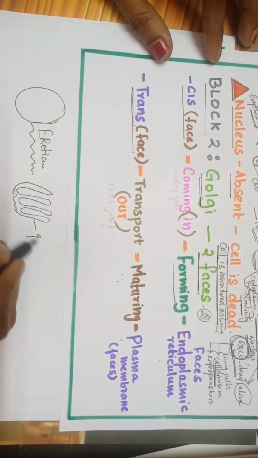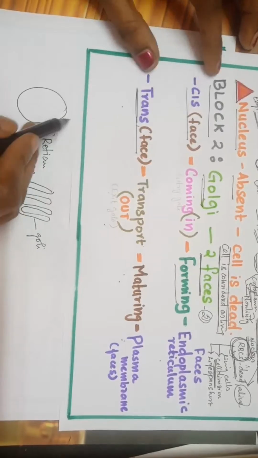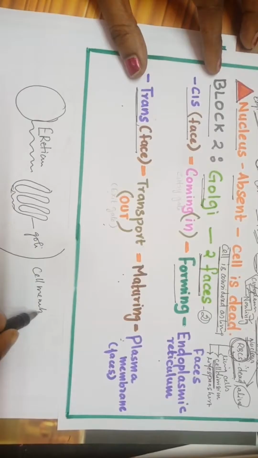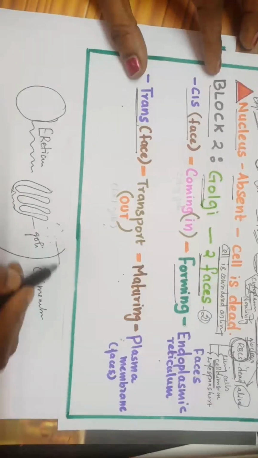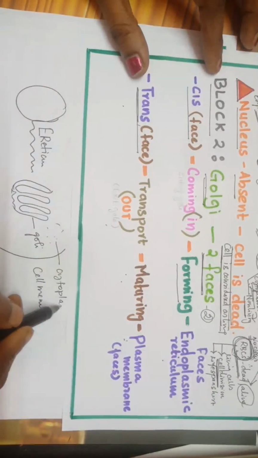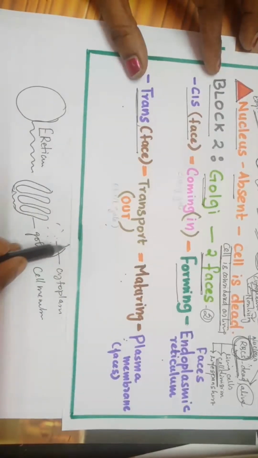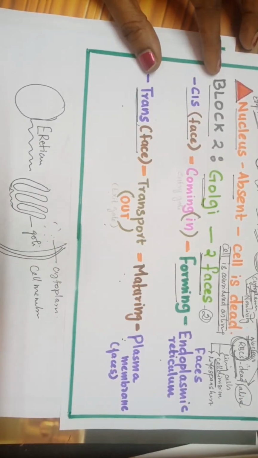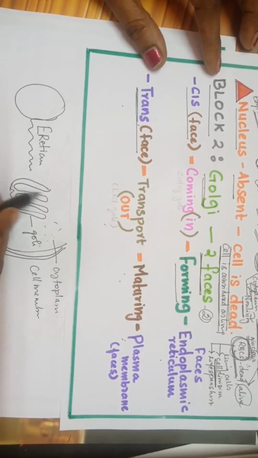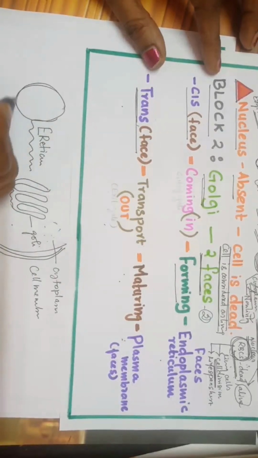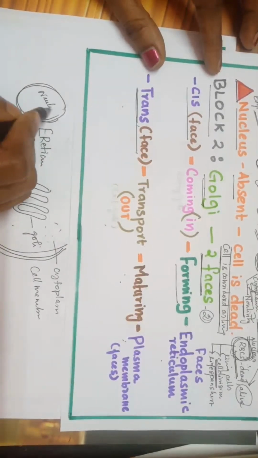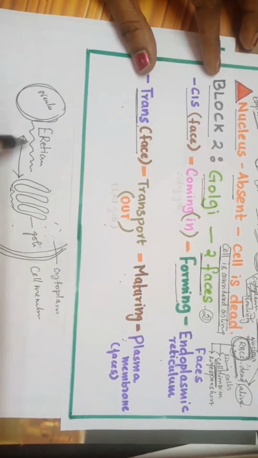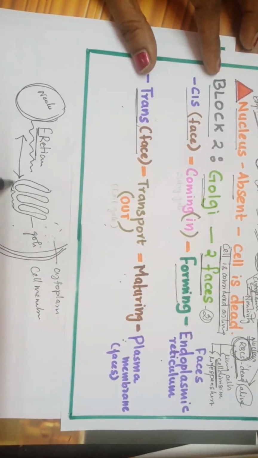This is the cell membrane, the outer cell membrane. What is this space? Cytoplasm, the fluid matrix. Are you able to get it? I am coming from the outside to the inside so that you can understand. You have the cell membrane, then cytoplasm, then the organelles. This is the nucleus. Now we are not going to worry about the nucleus. We are going to study only these two, the relationship between the endoplasmic reticulum and Golgi.